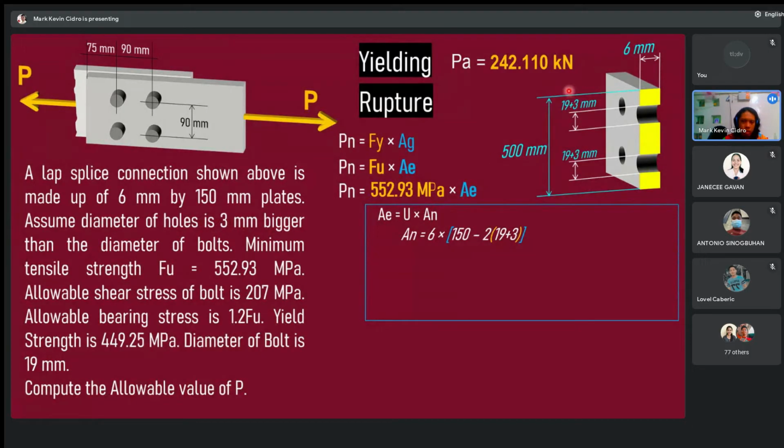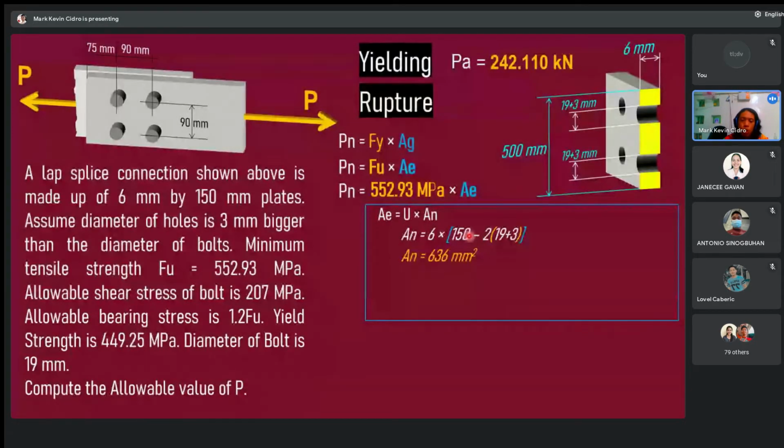That's why we subtract 19 plus 3, twice. 6 times 150 minus those distances. I hope you get the equation for An. This is the shaded area below. Take note, the diameter of the holes is 19 plus 3, 3 millimeter bigger than the diameter of the bolt. An therefore is equal to 636 mm squared.